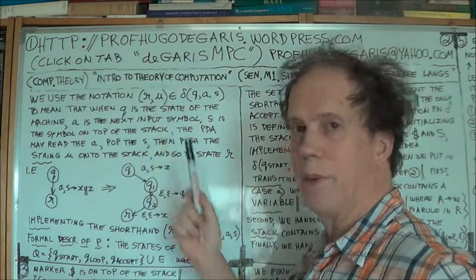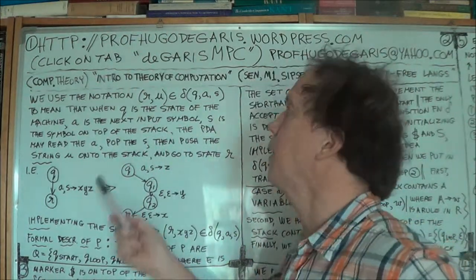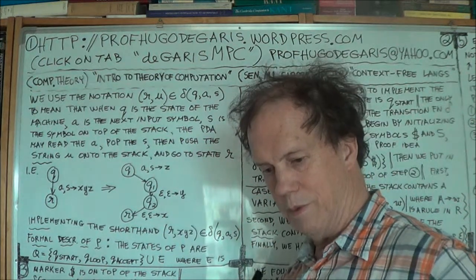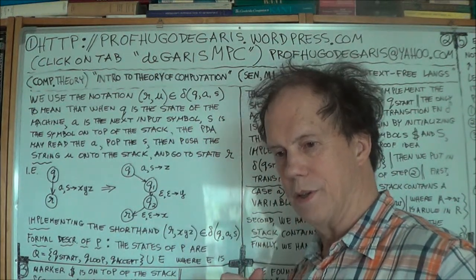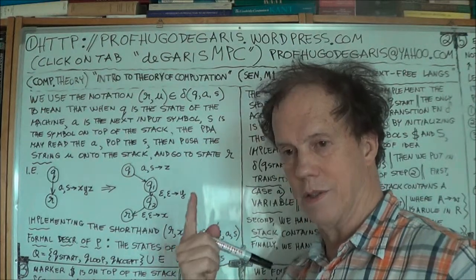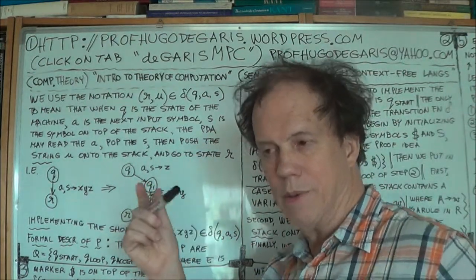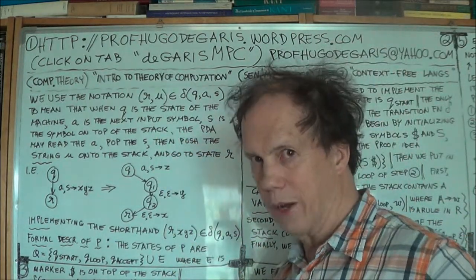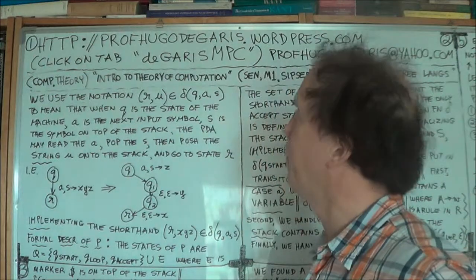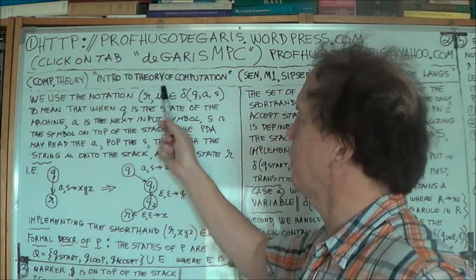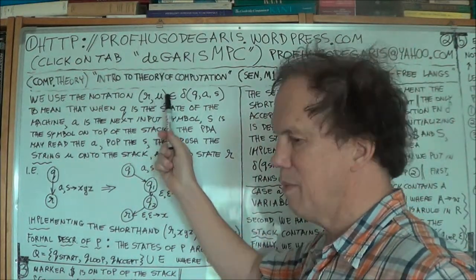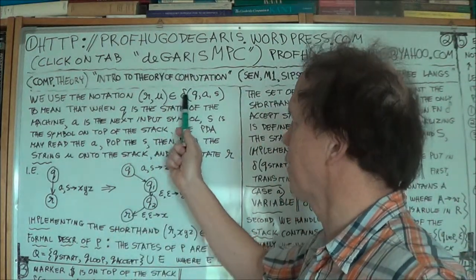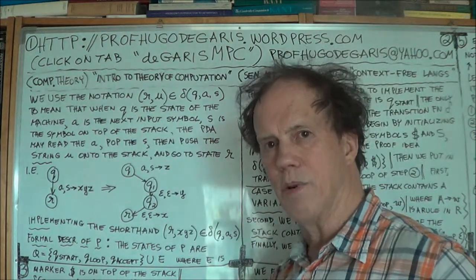into an ordered pair, which is here, and the first member of the ordered pair is the next state, in this case R, and the second member of the ordered pair is a string. Now it could be just a string of just one symbol, that's possible, but with this shorthand, this could be a general string, and you interpret that this string, the second member of the ordered pair that results from the transition function, gets pushed.